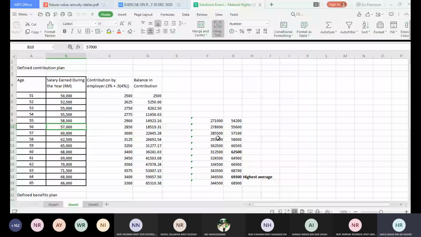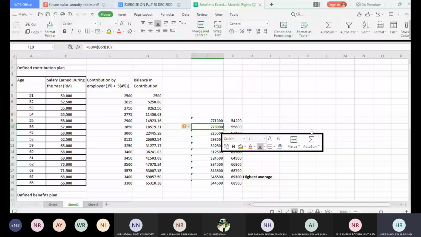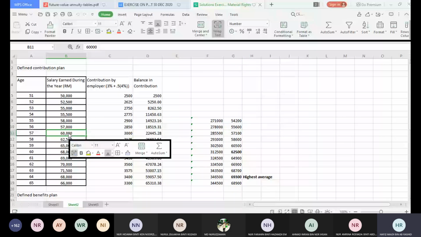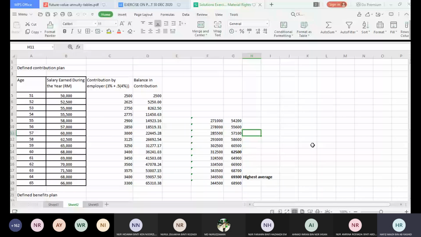If you calculate the average, you will get 55,600. So you move 1 year, and the 5-year average will also move by 1 year. That is how you get the average for every year from 55 until 65.